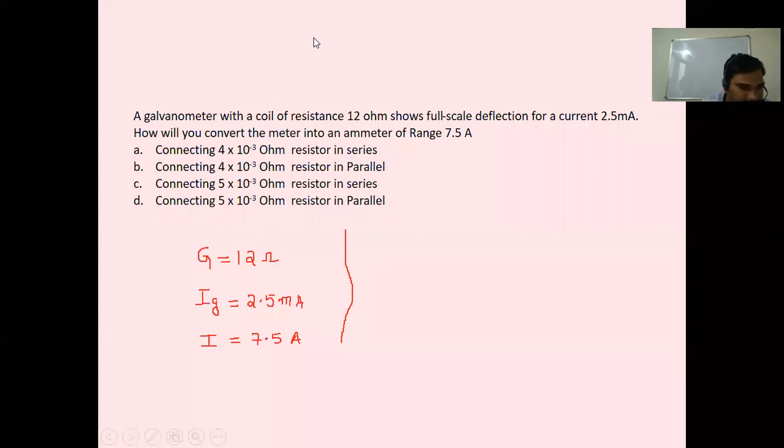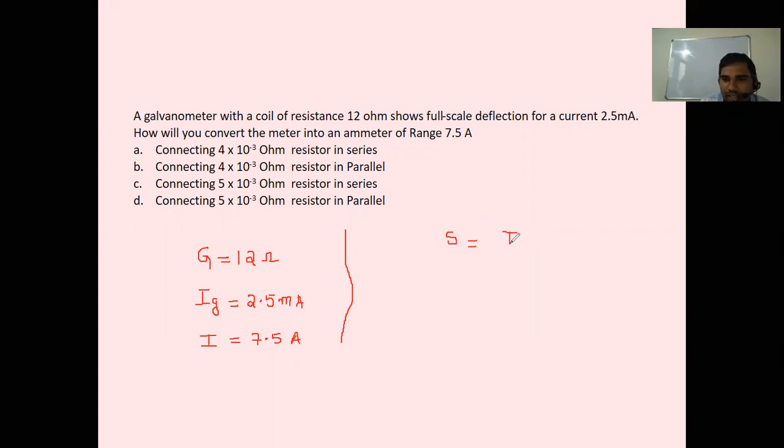So the shunt resistor S is equal to IgG by I minus Ig. Substitute: Ig is 2.5 milliampere, and milli stands for 10 power minus 3, into G which is 12, whole divided by I, which is 7.5. Ig is in milliampere, so convert it into ampere: 2.5 into 10 power minus 3, that is 0.0025.